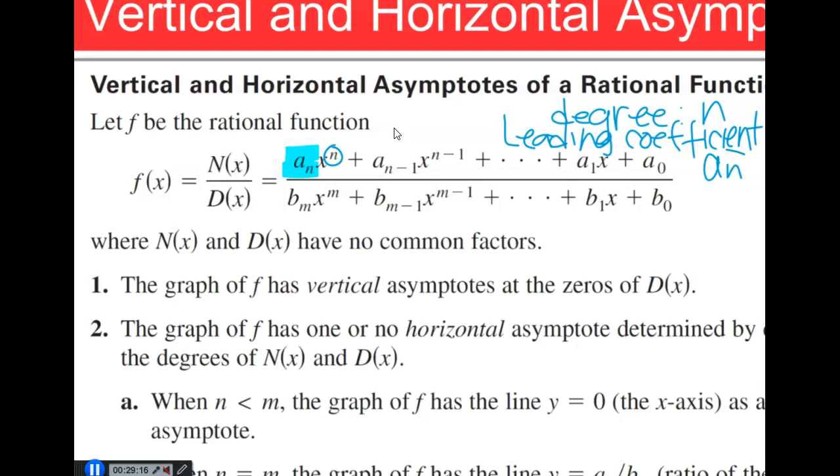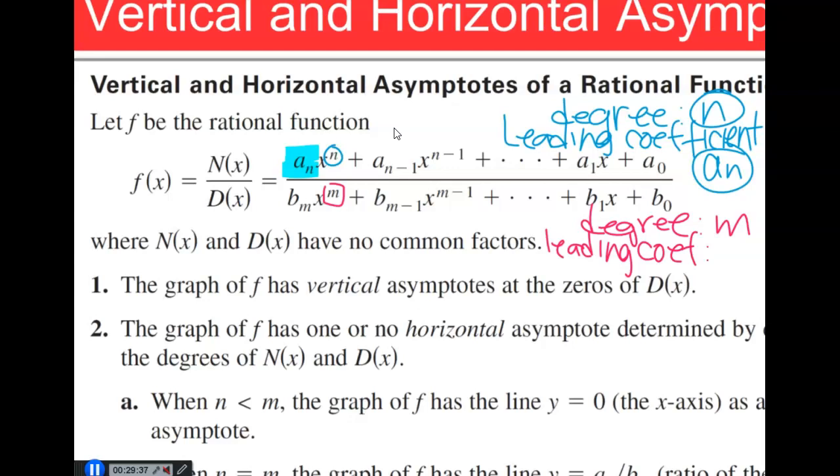That is what we're going to use to compare to the degree of the denominator, which is m, and the leading coefficient is b sub m.